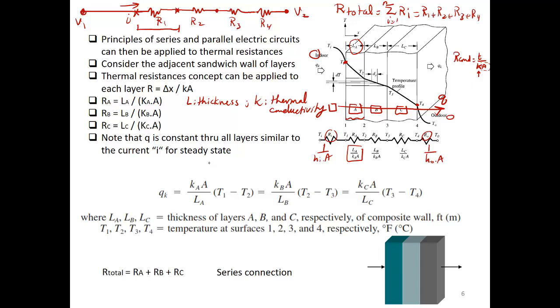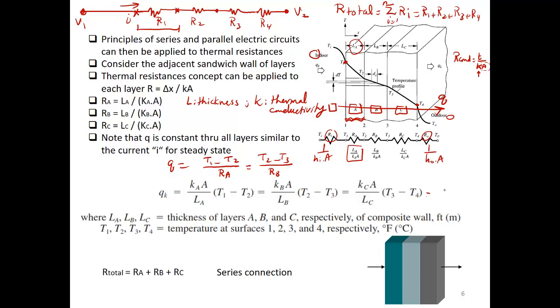So you can say here Q equals T1 minus T2, so we're looking across A, divided by RA. That's equal to T2 minus T3, so we're looking across material B, so that's RB, and so on. You can do it for C.